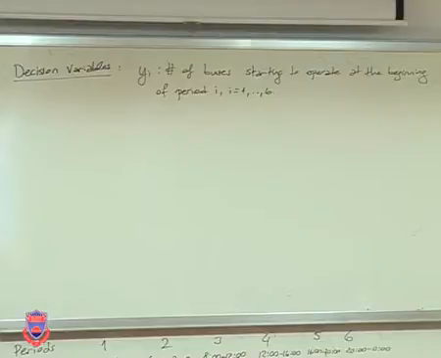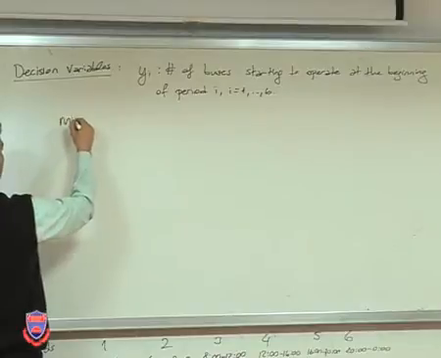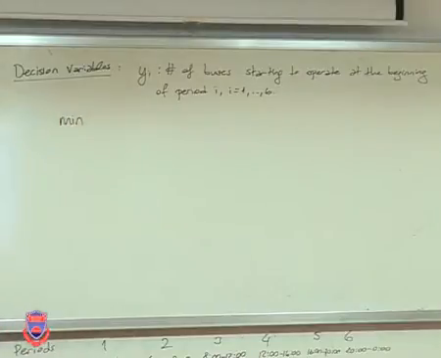Now what's the effect of this change? Well, what's my objective function? I want to minimize the number of buses that I'm going to use. So how can I express that in terms of decision variables?